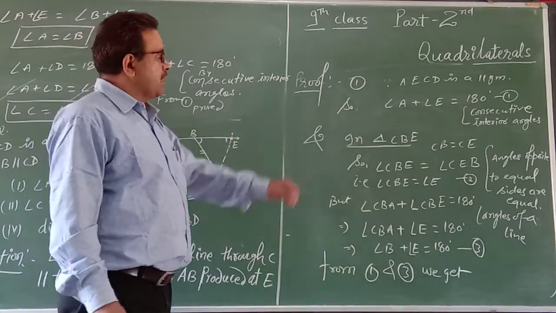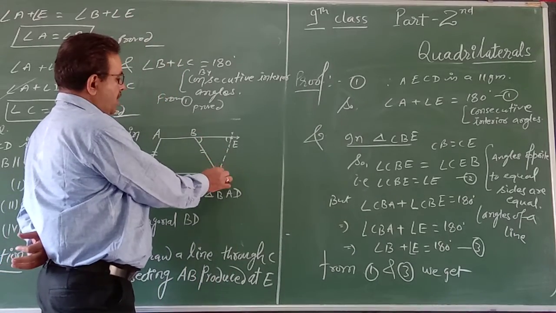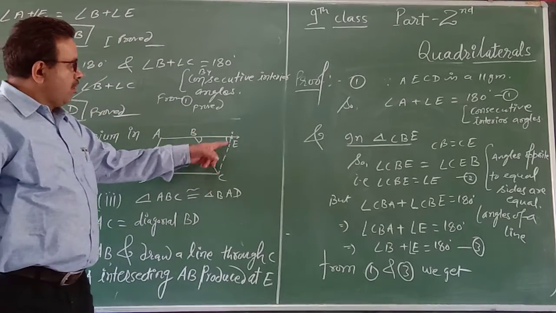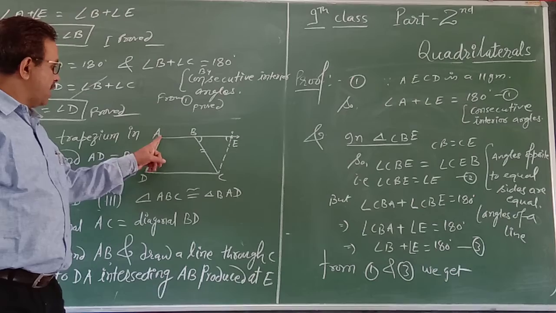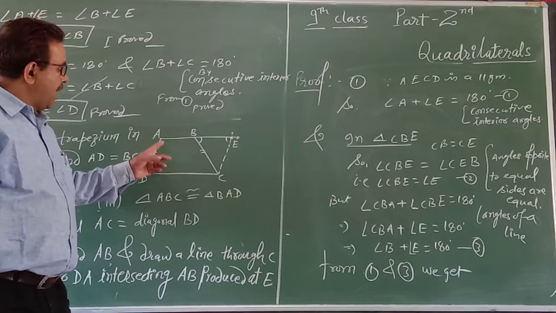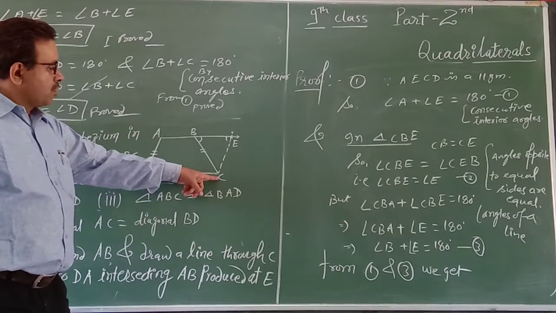This is equation first. And in triangle CBE, here CB is equal to CE, since we are given AD is equal to BC, and by the parallelogram we get AD is equal to EC.